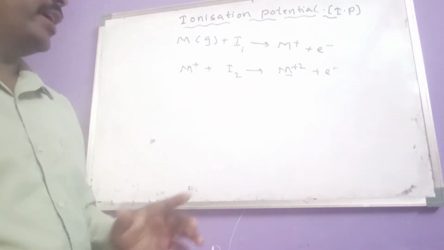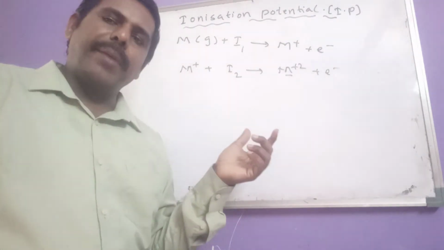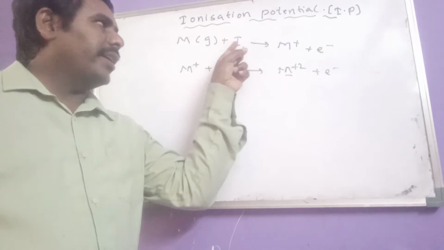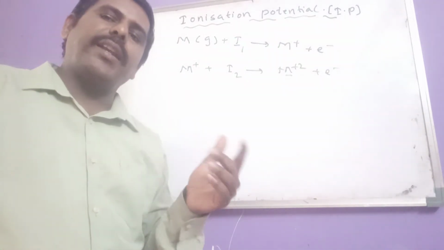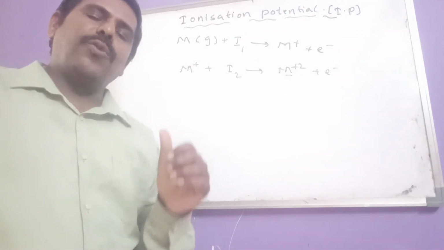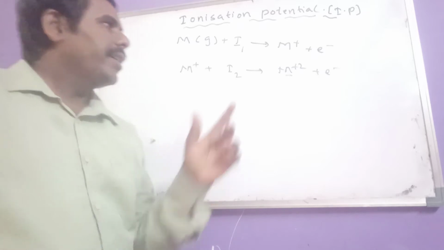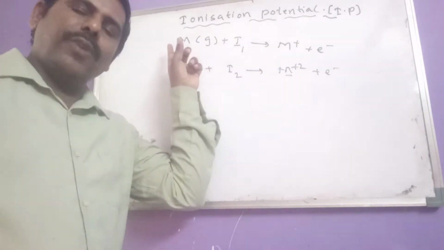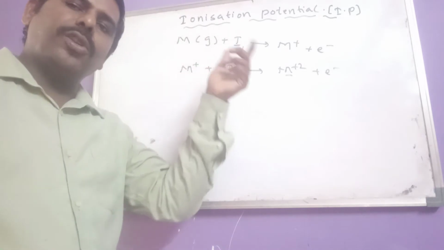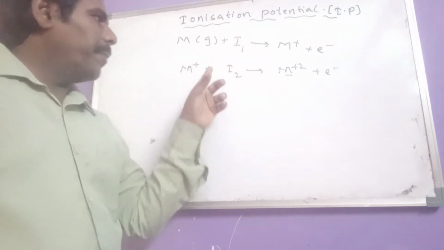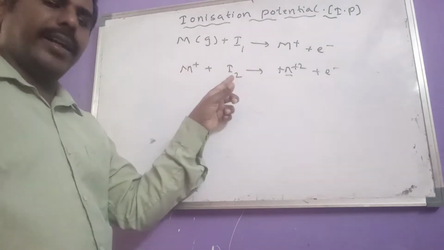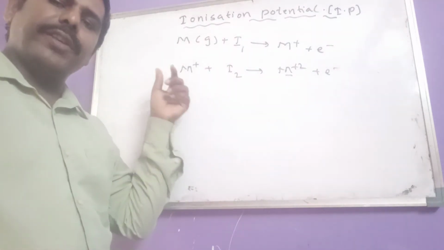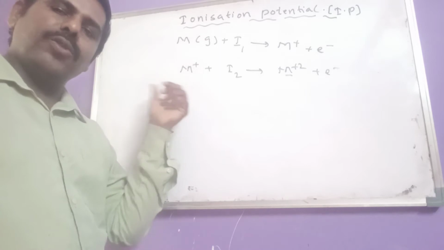And another thing here: for any given element, the second ionization potential is greater than the first ionization potential. Why does this happen? In the first ionization potential, we are removing an electron from a neutral gaseous atom. But in the second ionization potential, we have to remove an electron from a unipositive ion.